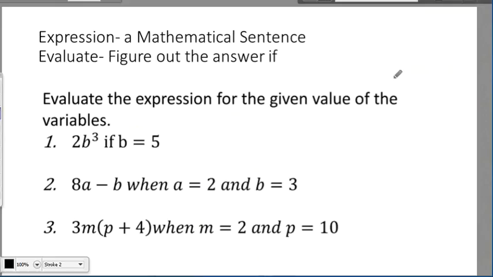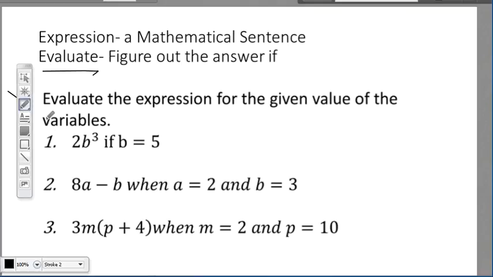Let's go ahead and try an algebraic expression. Remember, an algebraic expression is just a math sentence, and to evaluate, we figure out the answer. In these instructions, it says, evaluate the expression for the given value of the variables.